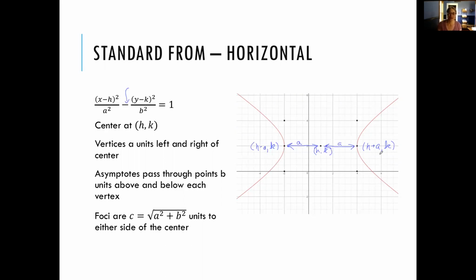Now, my asymptotes are going to pass through a point. So these corner points are b units above and below the vertices. For example, this point right here is going to be at the coordinates (h minus a, k plus b).